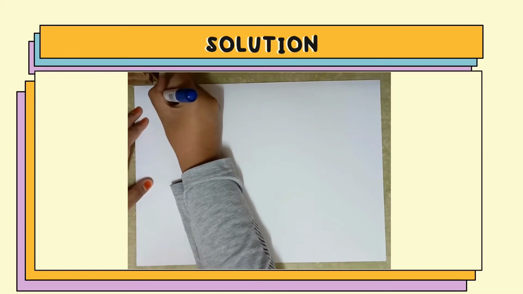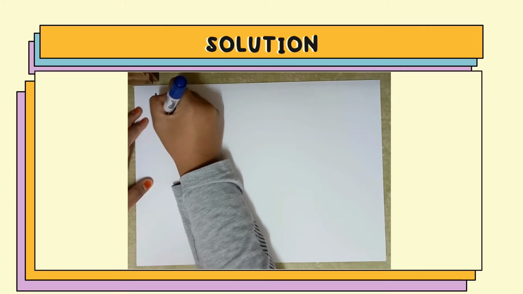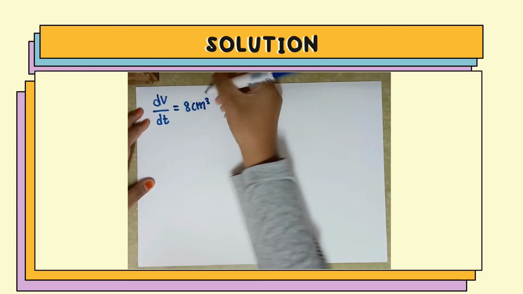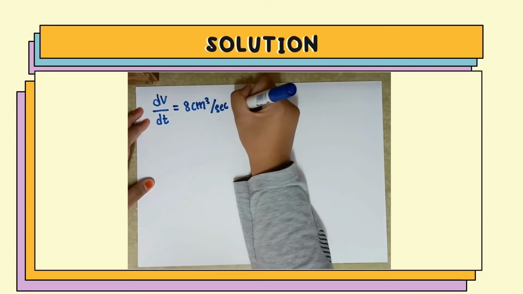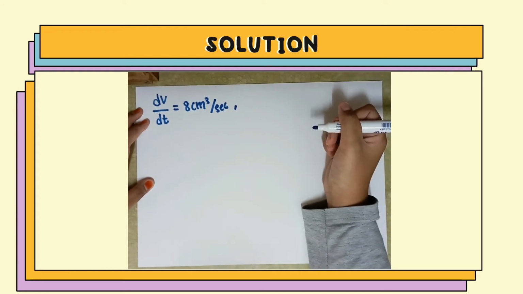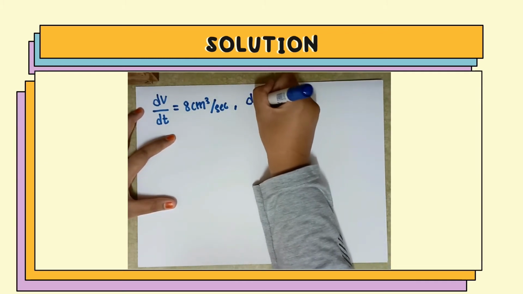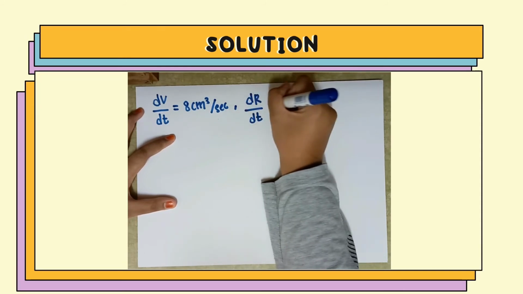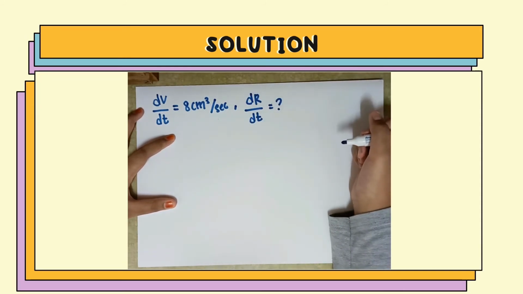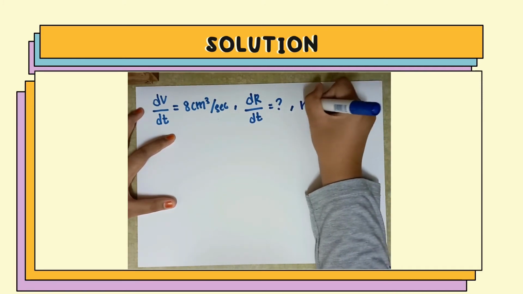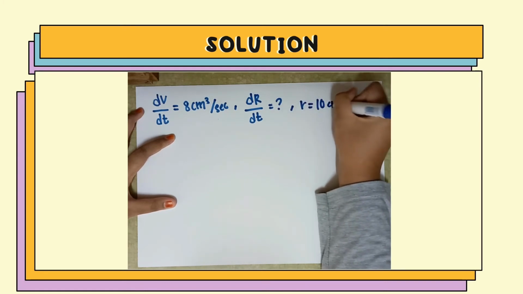So it gives us the volume, dV over dt equals 8 cm³ per second. And it wants us to determine the rate at which the radius of the balloon is changing. So it wants us to find dr over dt equal to what? And it also gives us the radius, r equals 10 cm.